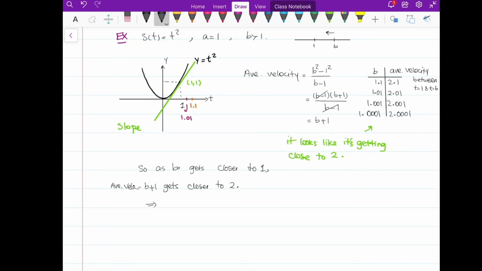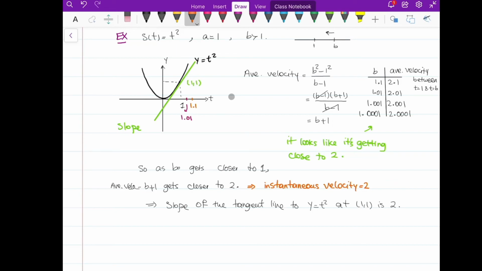So we can say that the instantaneous velocity, or basically the slope of the tangent line to the graph y equals t squared at the point (1, 1), is equal to 2. Okay, and let me write it in here so that we say that the instantaneous velocity is equal to 2. Okay, but we need to calculate that. So that was the idea.